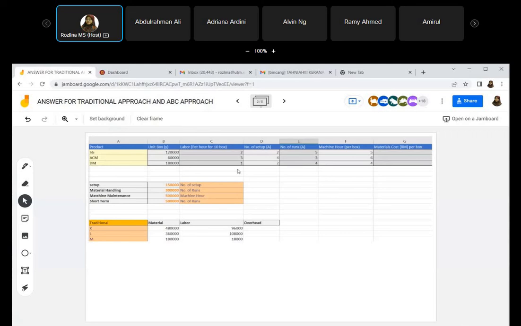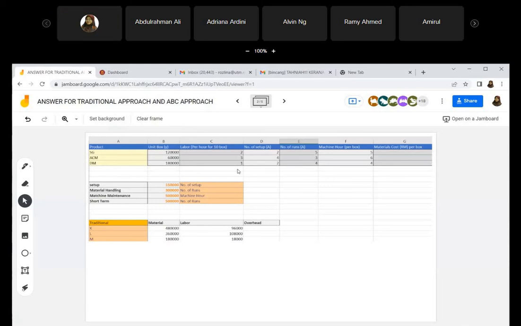Okay, the answer is 240,000 for the labor, surgical. Activated is 180,000, and the dust is 180,000 also.